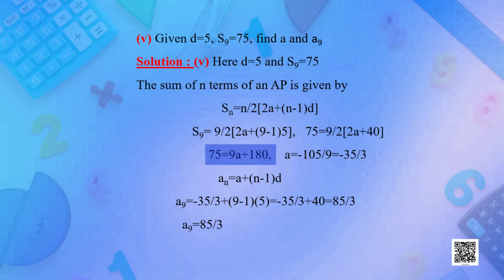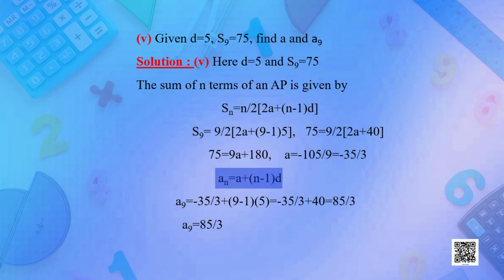Let us simplify this. 75 is equal to 9A plus 180, and we get A is equal to minus 105 by 9, which can be simplified as minus 35 upon 3.